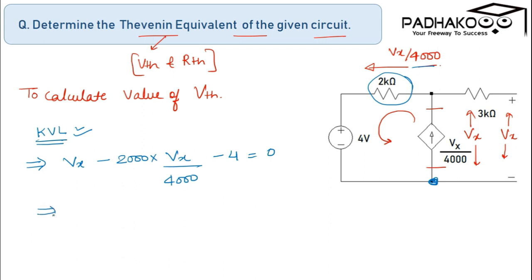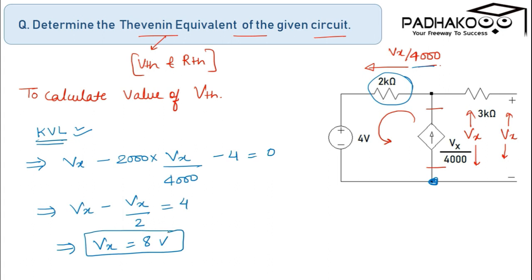This implies that Vx minus Vx by 2 is equal to 4. This implies that Vx equals 8 volt. So I got the value of Vth equal to 8 volt.